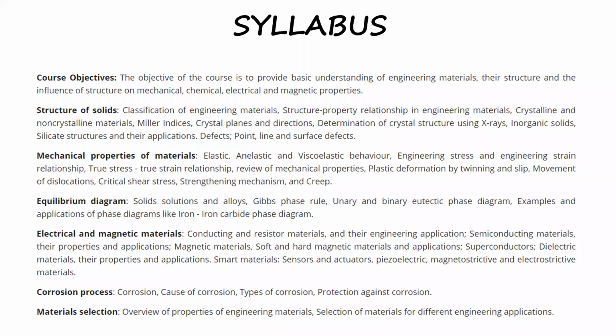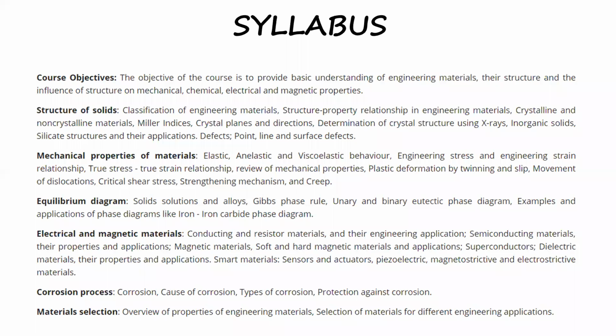Then we will talk about the inorganic class and the organic class of the materials. Again, when I say inorganic class and organic class, it is very vast. We will not focus on all of them, but our focus will remain only on those solids which are important from the engineering perspective.